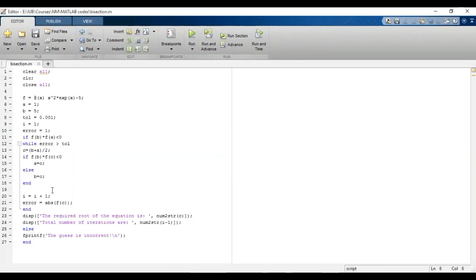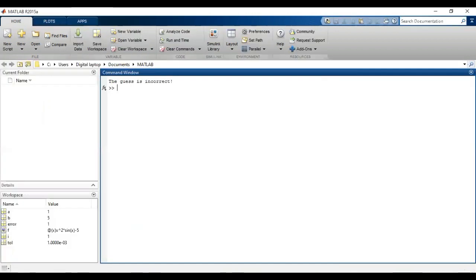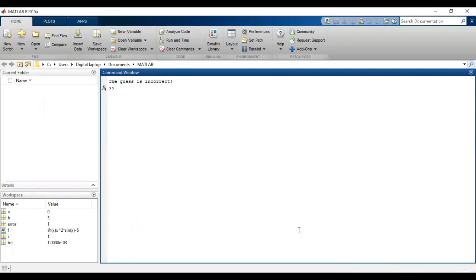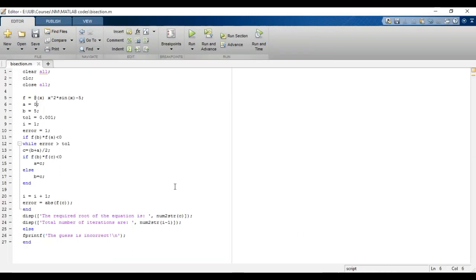So this is how it works, and we can also change our function to any value, right? For example, x squared sine x, and let's run this file, and we will see that the guess is incorrect. So let's change the range now. So I have assumed a equal to 0. Again, the guess is incorrect. So let's increase the range more.